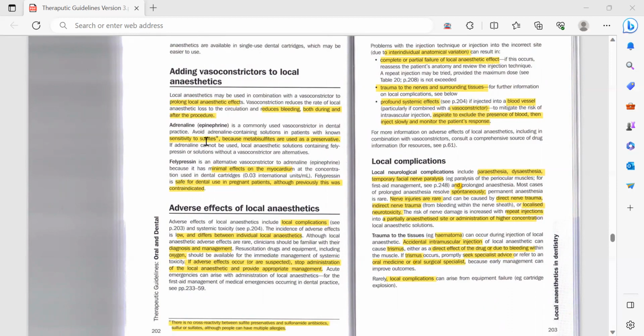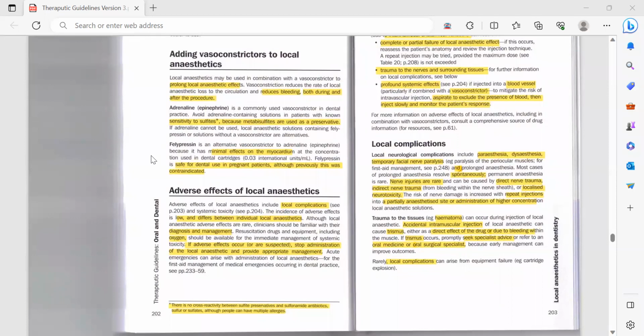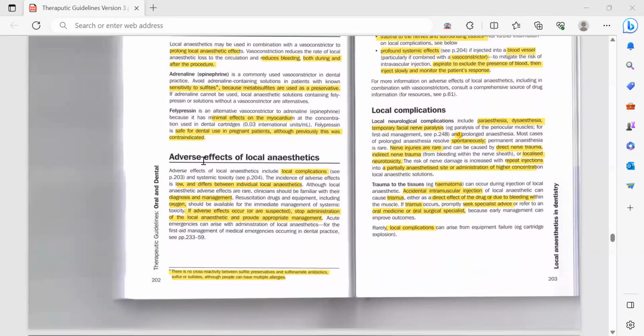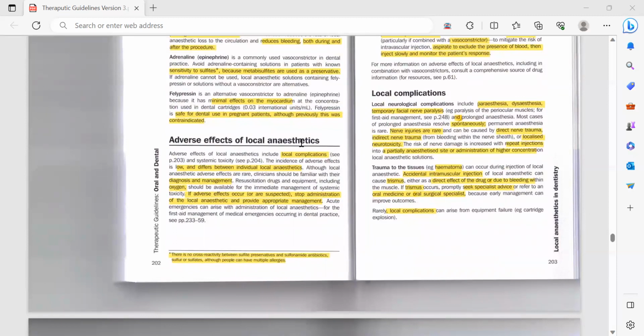So if the patients are allergic to sulfides, then we cannot give them adrenaline. Then we need to choose another LA with felypressin as the vasoconstrictor. Okay, although it was previously said that we cannot give felypressin in pregnant women, now it is safe to be given. Then come the adverse effects of LA.